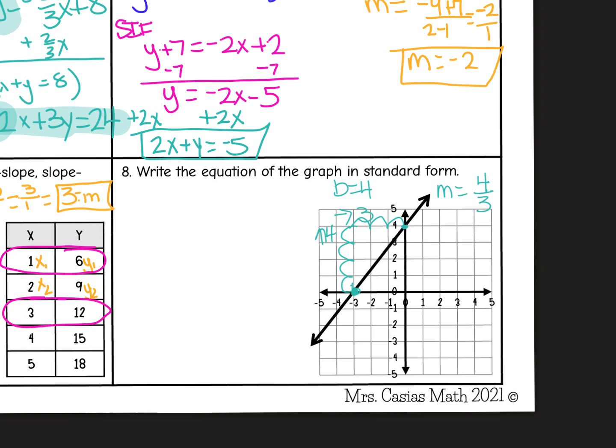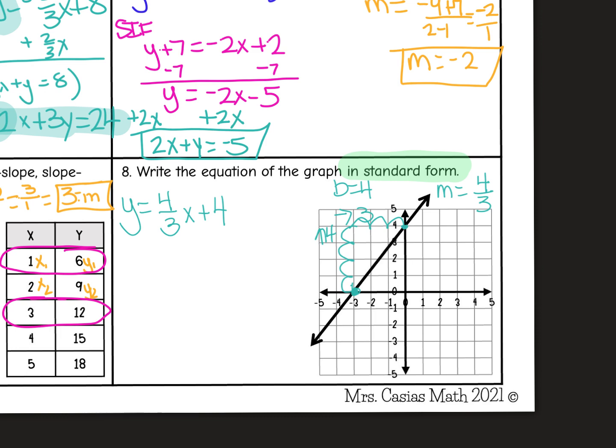So now let's write this into slope-intercept form. Well, I have y equals, oh, there's my m, 4/3 x plus 4. Okay. That is the equation for this line. But I'm not done because we are being asked to write this in standard form.